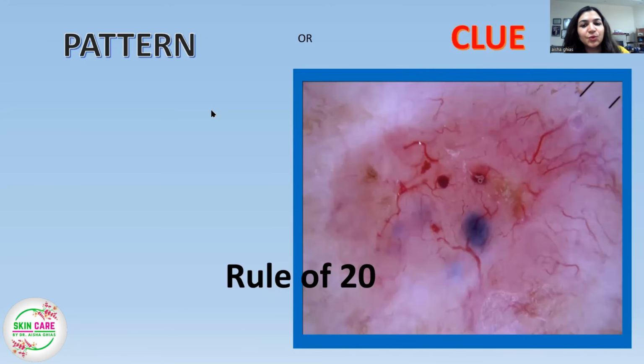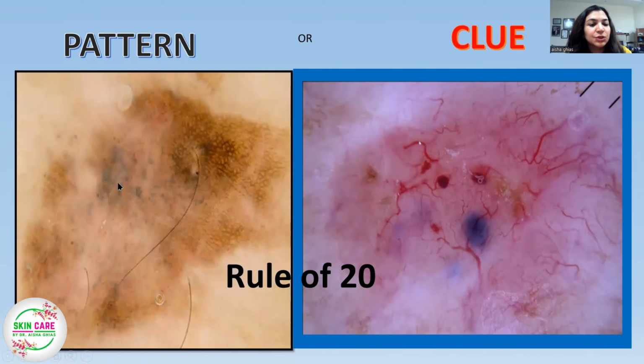What is a pattern and what is a clue? A pattern is a structure that you see in more than 20% of the field which you are seeing with the dermoscope. So if you see something in more than 20%, it's a pattern. And if it is less than 20%, it is a clue. Pattern is more than 20% and clue is less than 20%.